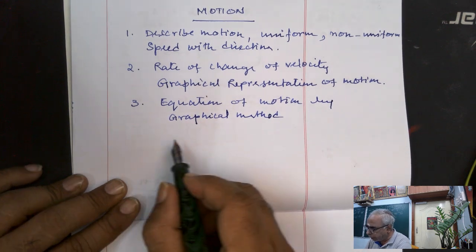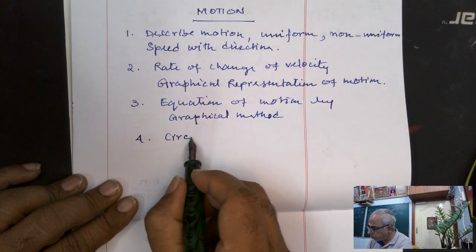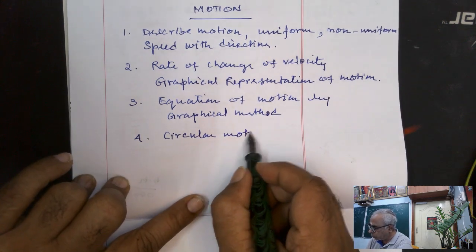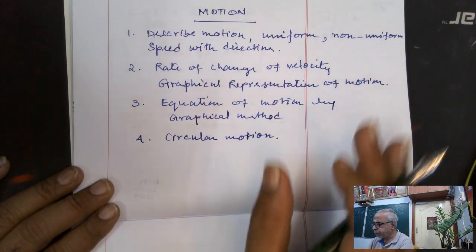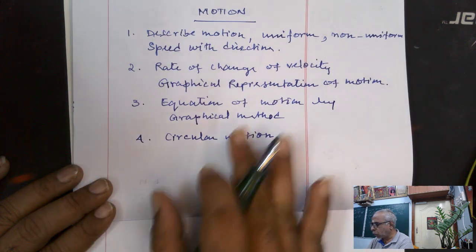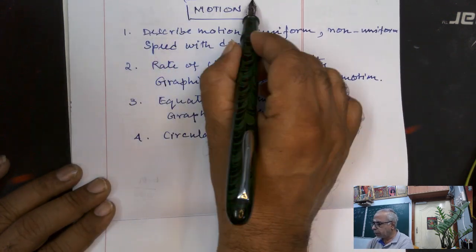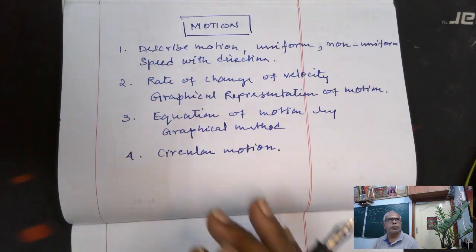Then I will be explaining about the circular motion also. So this is topic 3, and these are the concepts we will be discussing under the heading motion in your 9th standard science.